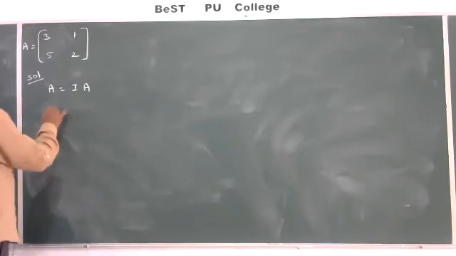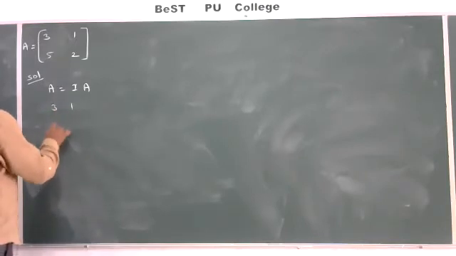Solution. A is equal to IA. What is A here? That is 3, 1, 5, 2 is equal to I, that is 1, 0, 0, 1, into A.